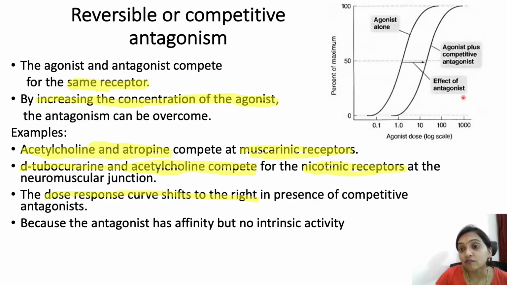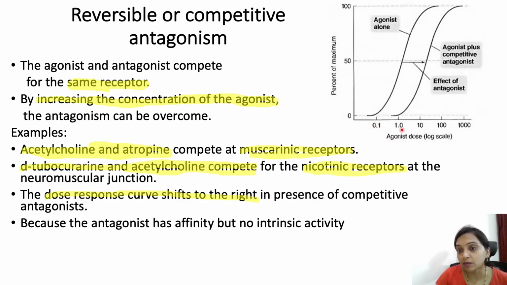In the presence of antagonist, the dose response curve shifts to the right, meaning the dose of drug which is required to produce the desired effect will increase. So what has happened here?